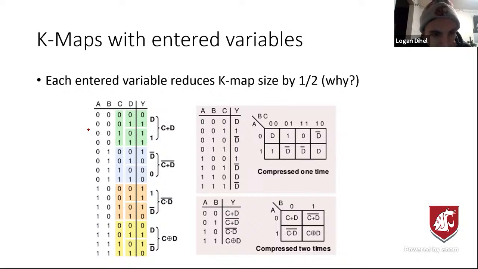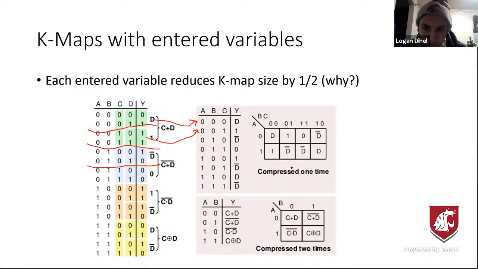If we break this up into lines like this, then this first part goes to this row, and this one goes to there, because the output is dependent on D. If D is a 0, the output's a 0. If D is a 1, the output's 1. So you can construct a new truth table like this by combining these two together.